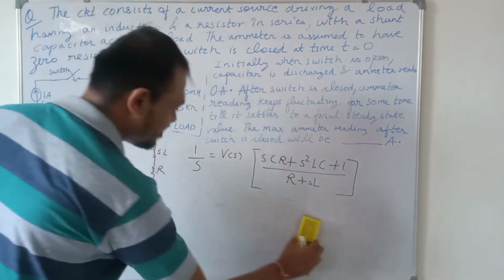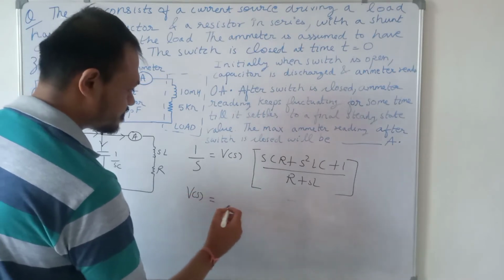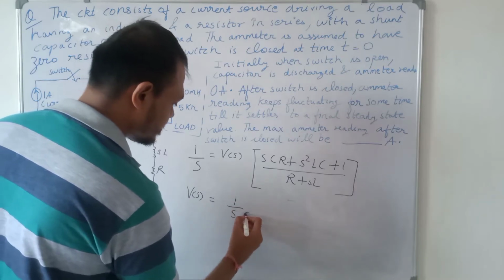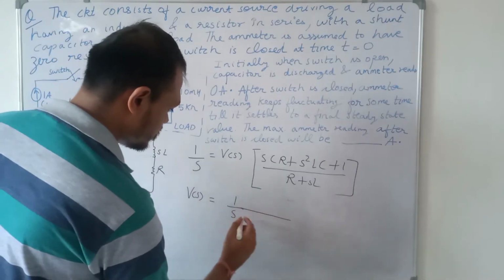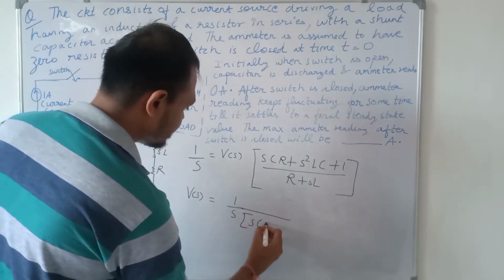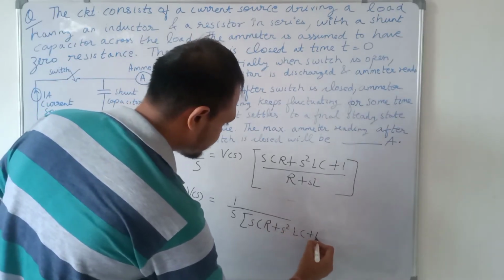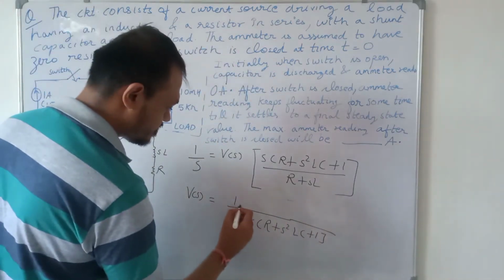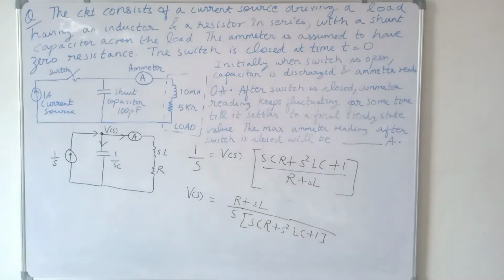Now we can write that V of S is equal to 1 upon S into SCR plus S square LC plus 1, and this R plus SL. So this is the value of the voltage.